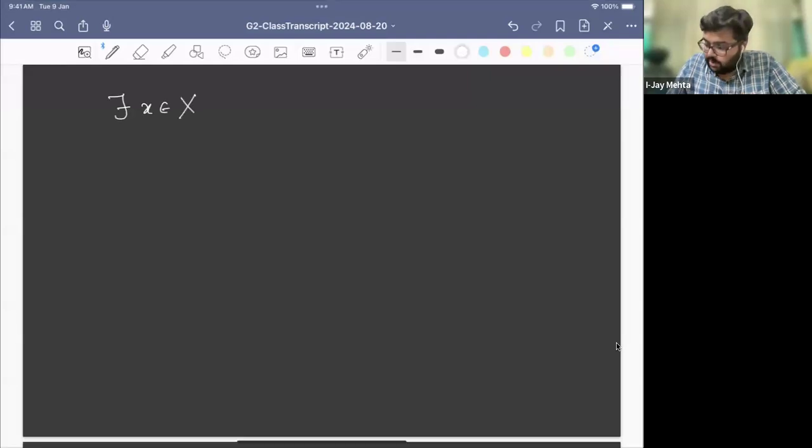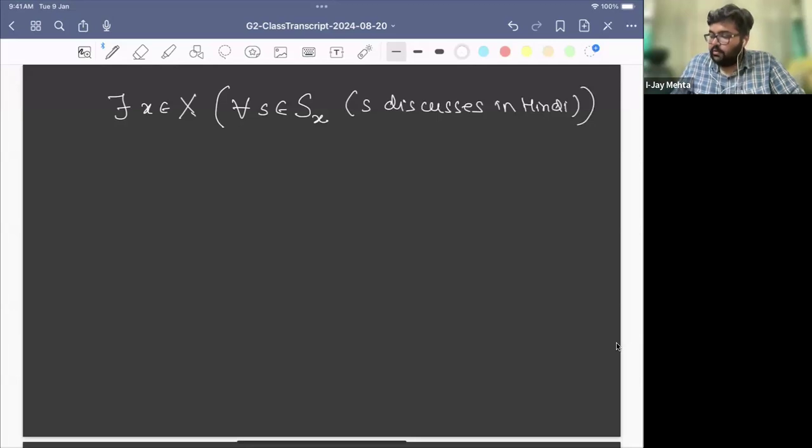X, where X is the set of all breakout rooms, such that given any student in that breakout room, so set of all students in the breakout room number X. Room number 1, I have S1. Room number 2, I have S2. Such that S discusses in Hindi. Can you imagine the situation?